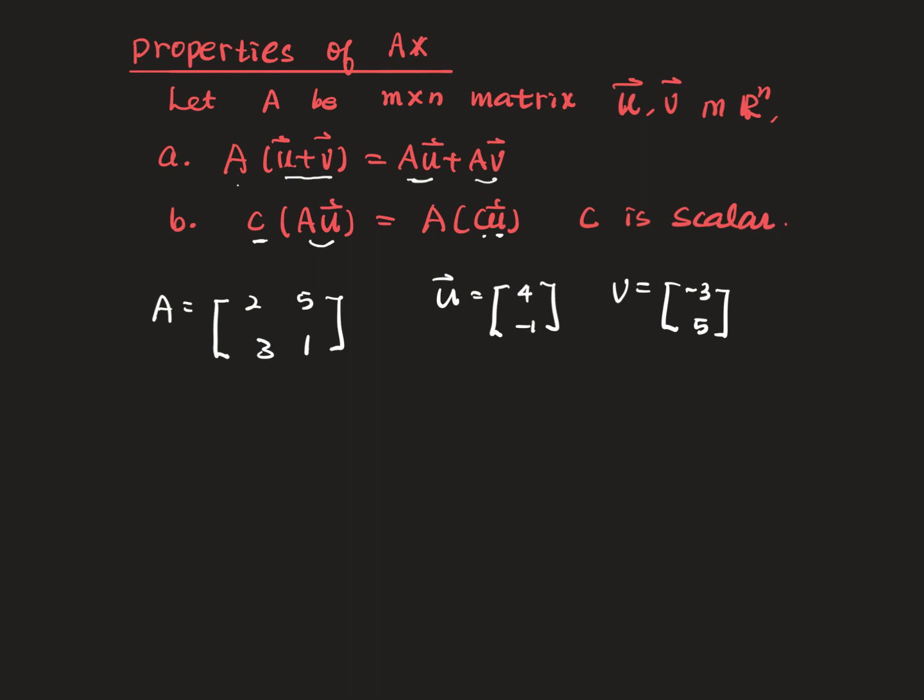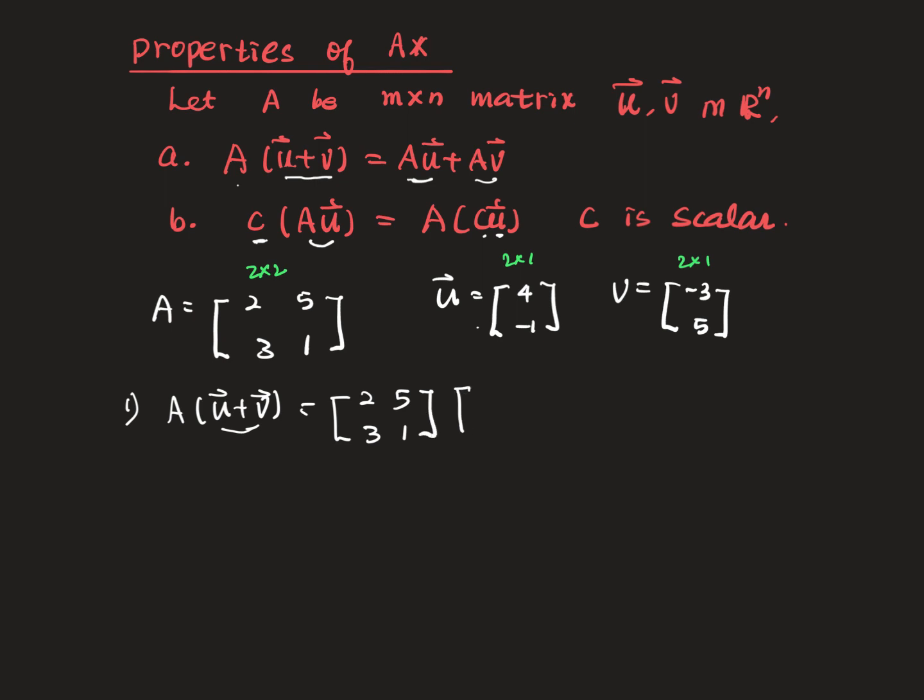Let's prove this property by using an example, guys. This is a matrix. Can you see that? This is a 2 by 2. These two vectors are 2 by 1, 2 by 1. Okay, so let's prove. First, we're going to try A times the vector u plus vector v. So first, matrix A is 2, 5, 3, 1.